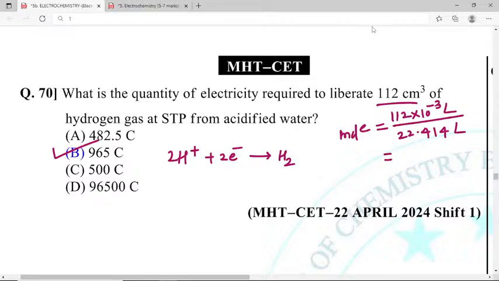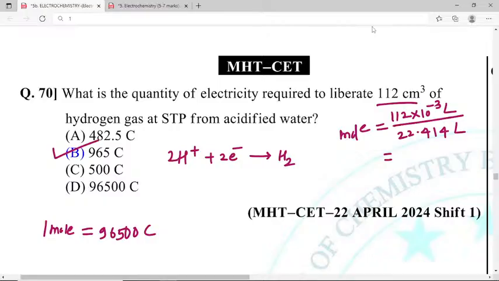As the hydrogen gas is 112 into 10 to the power minus 3 liter, first we have to convert it to moles. Then, using the relation, 1 mole is equal to 96500 coulombs.